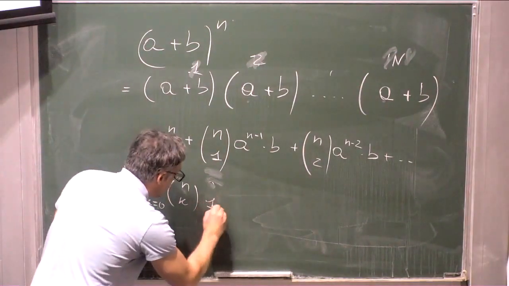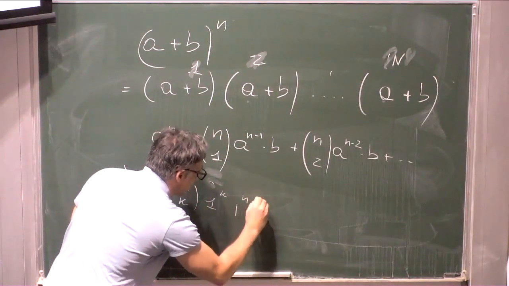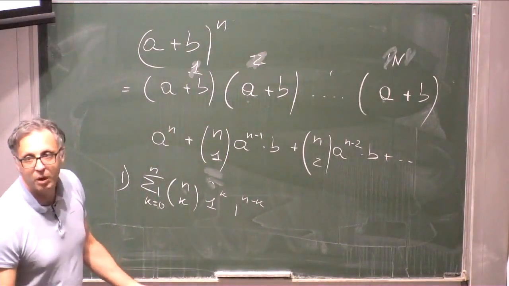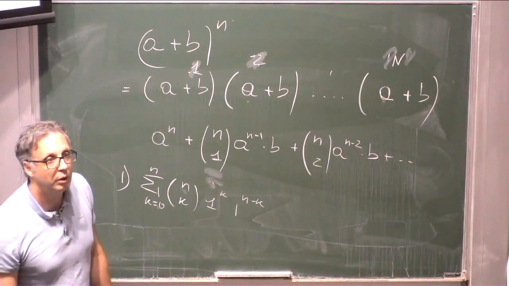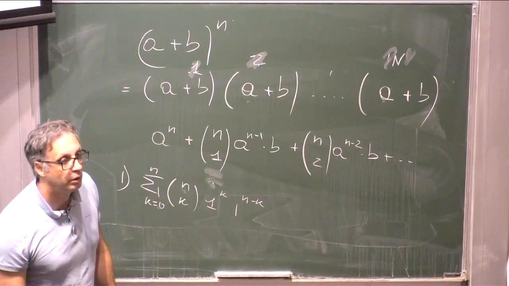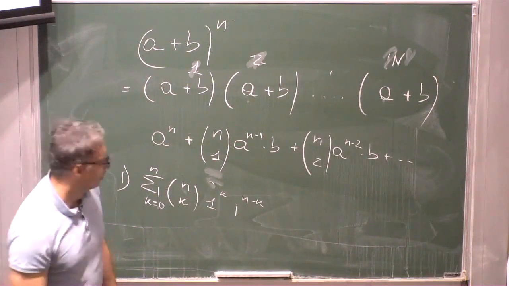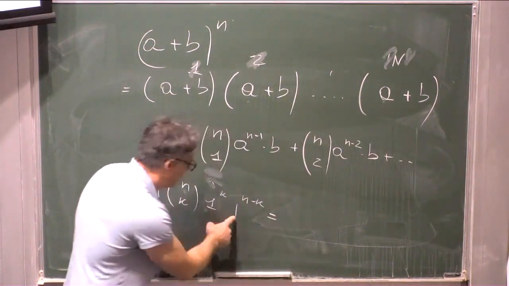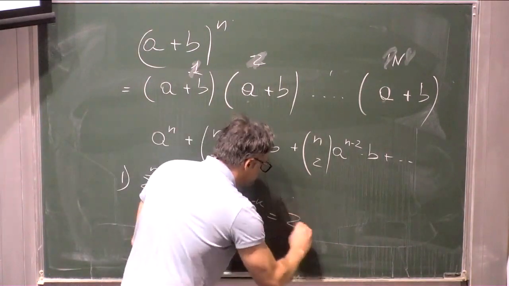I write 1 to the power k, 1 to the power n minus k. It's the same. There is no problem. So this is equal to? Exactly. This is equal to (1 plus 1) to the power n, 2 to the power n.